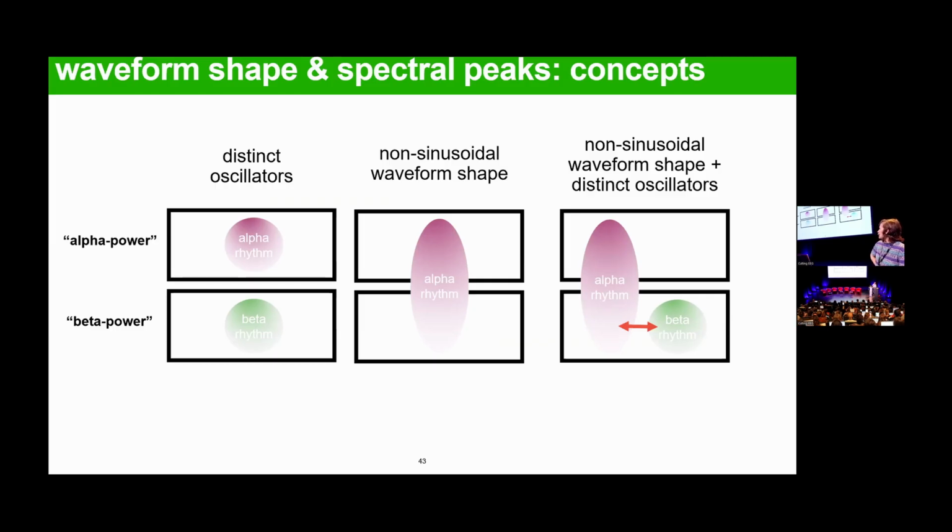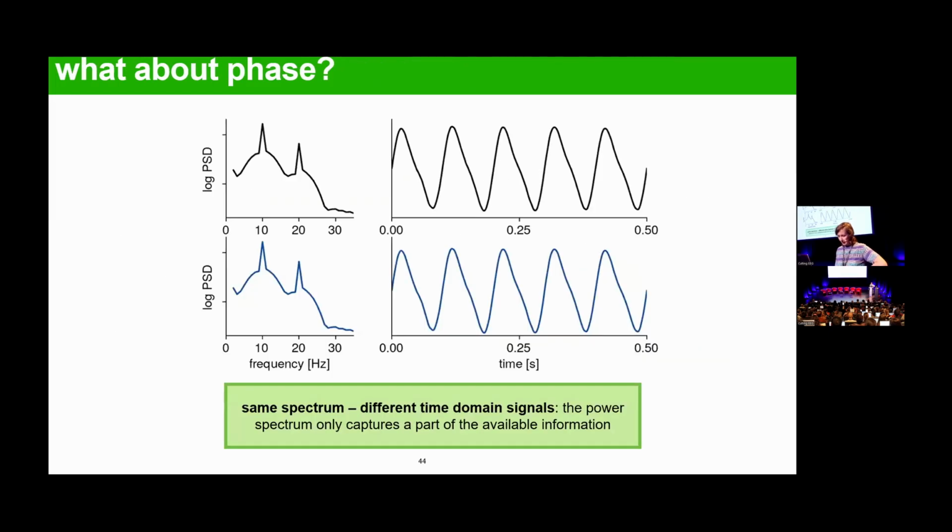Is it a singular rhythm with unusual shape? Or is it both things at the same time? Because it's the brain and it's very complex. It's always the most complex version in my experience. So just to keep in mind some neurophysiological background.